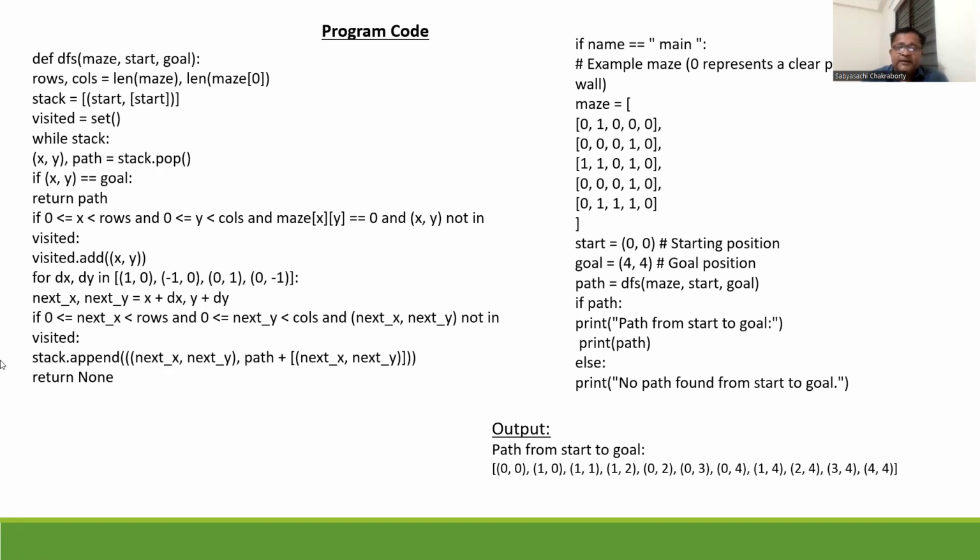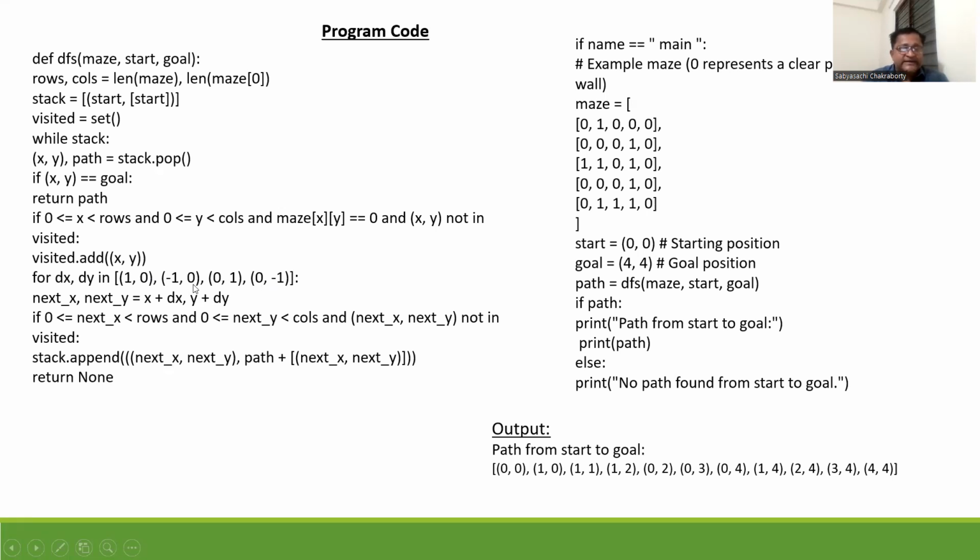0, 1 means y proceeds one step further and x remains as it is, so it is going down. 0, minus 1 means y goes one step back while x remains as it is, a backtracking along the Y axis.